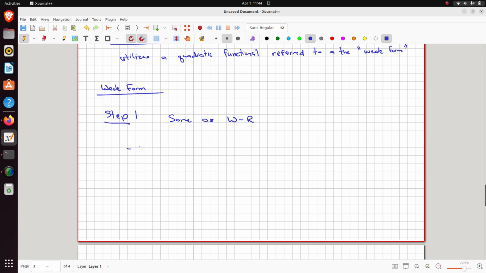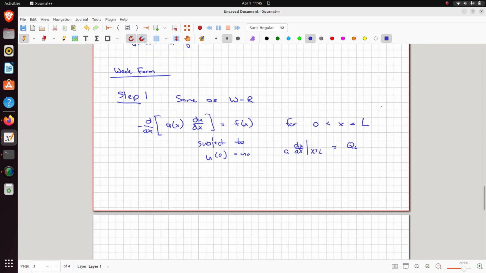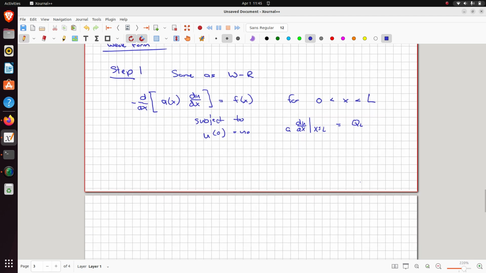So we're going to take our model equation, and what's the first thing we did when we developed the weighted residual method?